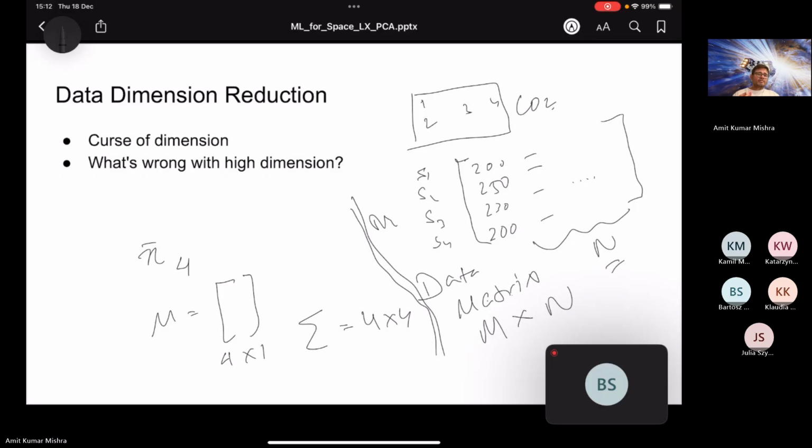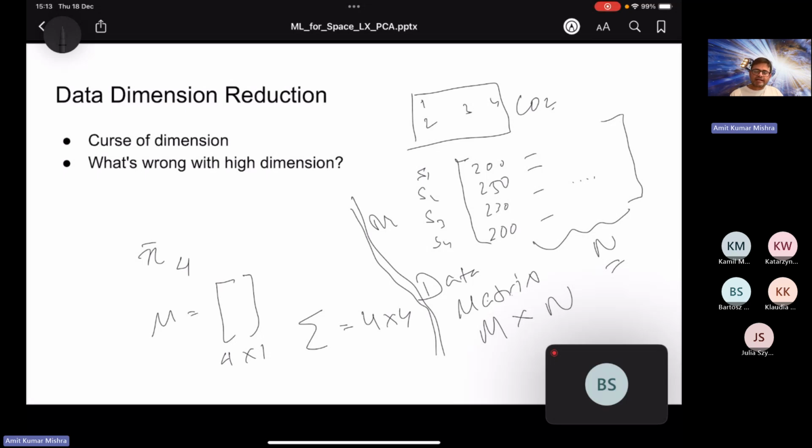So when you have too many sensors, or when the dimension is high, there is also the issue that maybe not all the sensors are reading independent information. In other words, maybe not every sensor is adding extra information. That in technical terms is called correlation. So the sensors or the dimensions might be correlated.